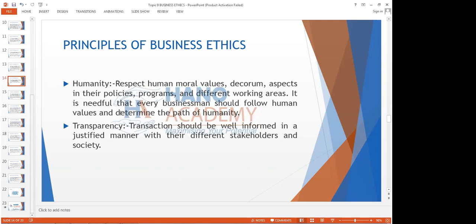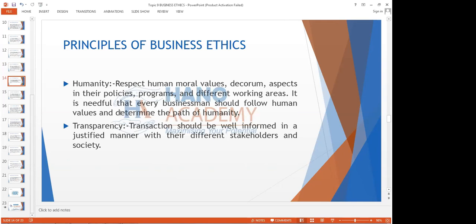We have the question of humanity. Humanity is also very key. Humanity is important here. We are saying that you respect human moral values, decorum, and aspects in your policies, programs, and the different working areas.